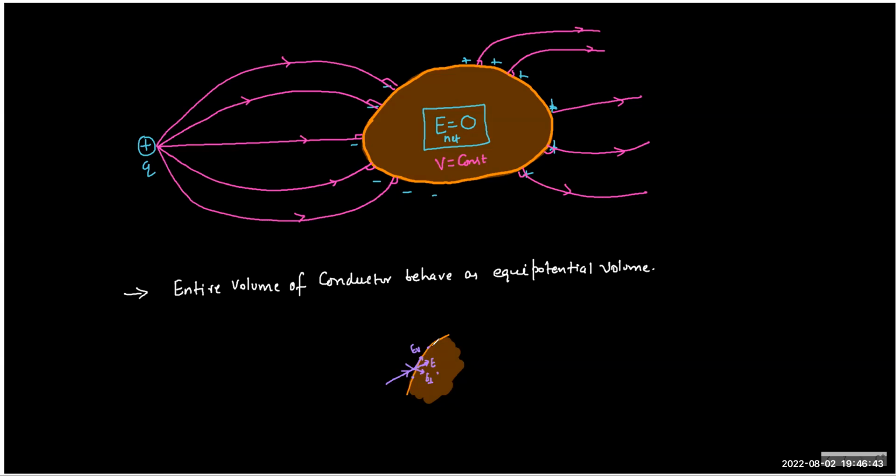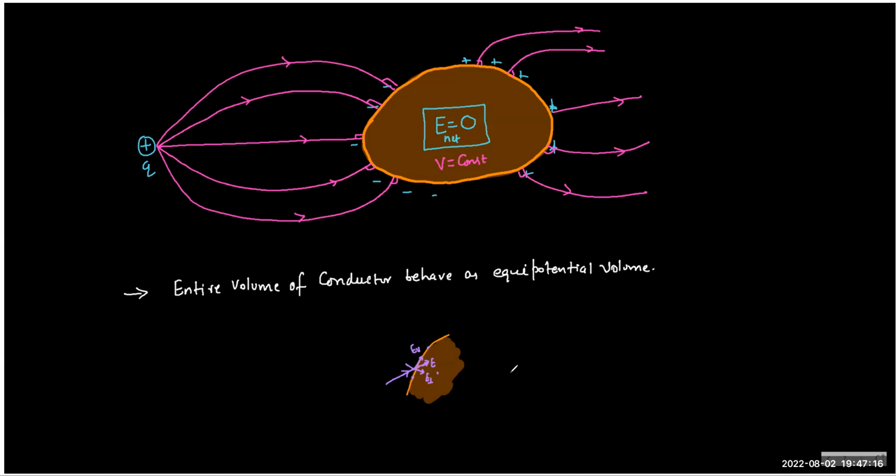Because conductor will have free charge, the tangential field will move the free charge, yes or no? I cannot move it normal to the surface, but I can move the free charge along the surface. And if free charge moves along the surface, can we achieve electrostatic equilibrium? No, the charge will never be at rest.